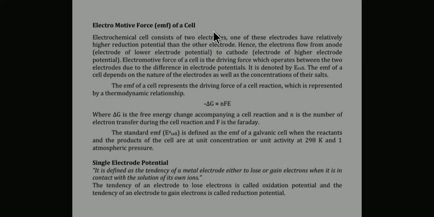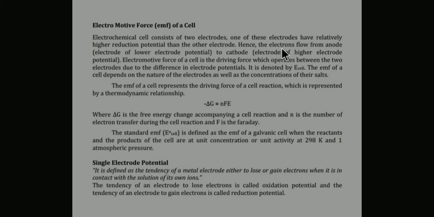So in this video we are going to study some next aspects of electrochemistry and the Nernst equation. Okay. So now we'll start with EMF, that is, electromotive force of a cell. As we have discussed earlier, your electrochemical cell consists of two electrodes, and out of those two electrodes you have one electrode with a higher reduction potential and another with a lower electrode potential.